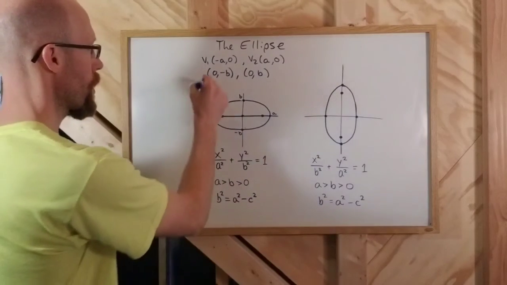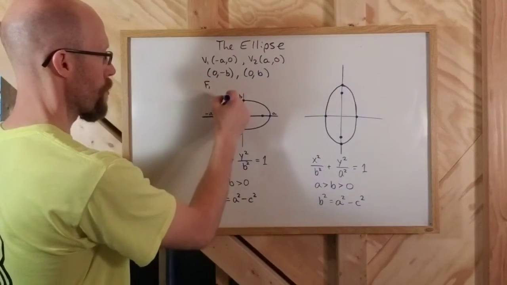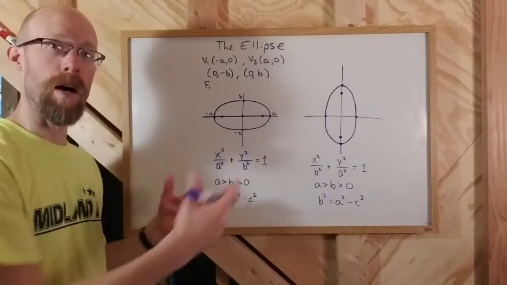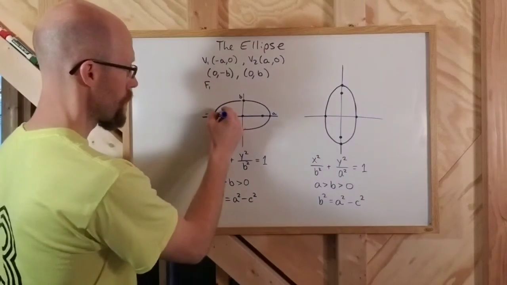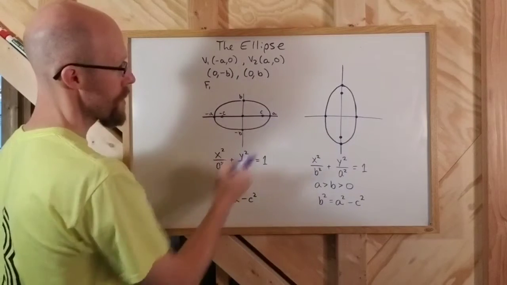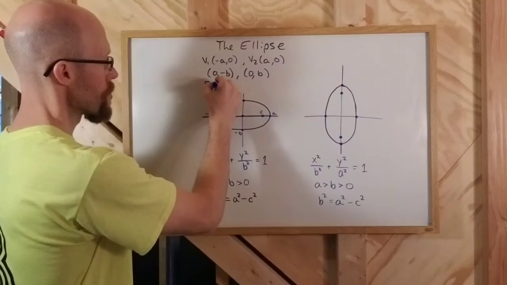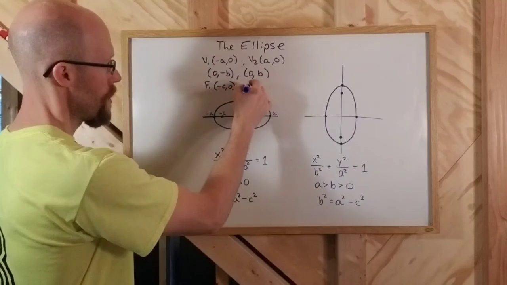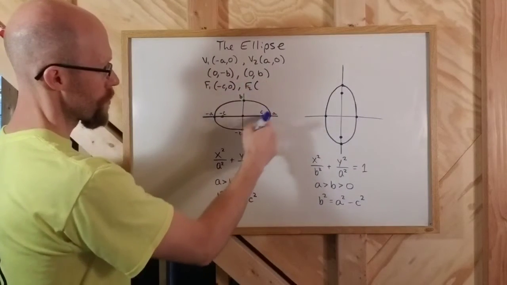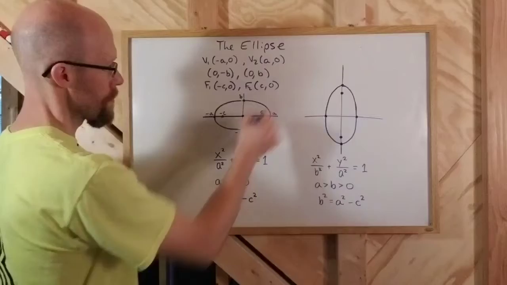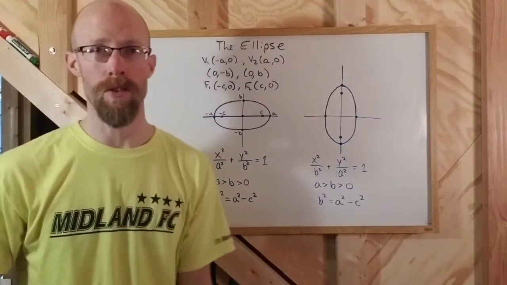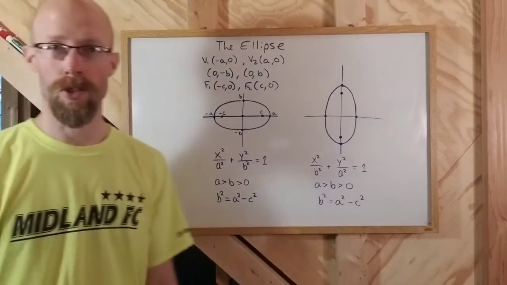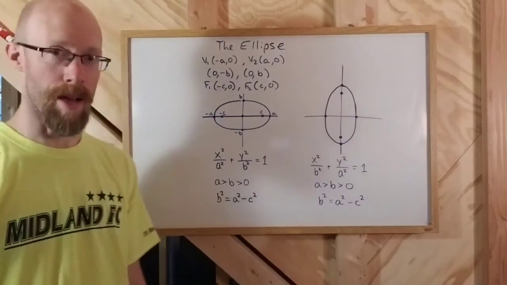We'll call them focus 1 and focus 2, and they are given coordinates of positive c and negative c. All right, so here's negative c, here's positive c, and of course the first one there is (negative c, 0). The second one is going to be (positive c, 0) if you look at the ordered pairs. All right, and of course the center is at (0, 0) in this particular example.